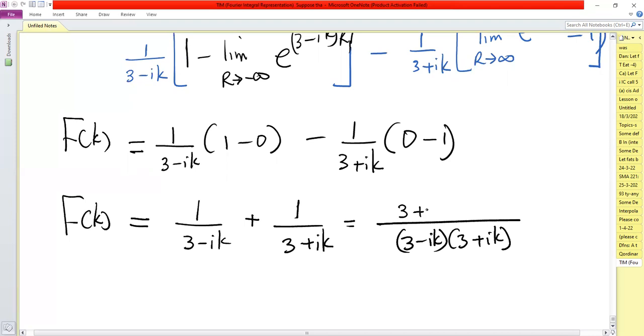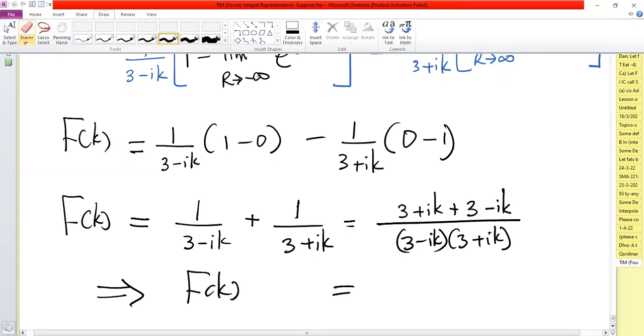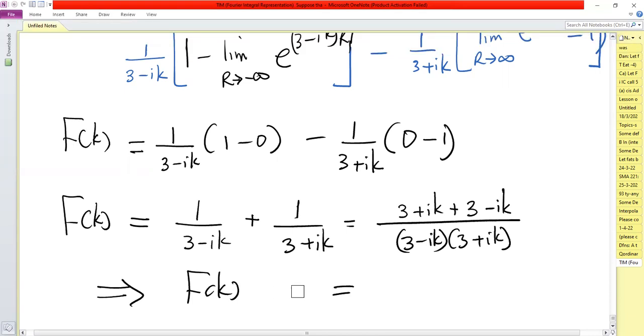So 3 plus ik minus 3 plus 3 minus ik, which will be f of k. The numerator will give us 6, because the complex parts cancel out.